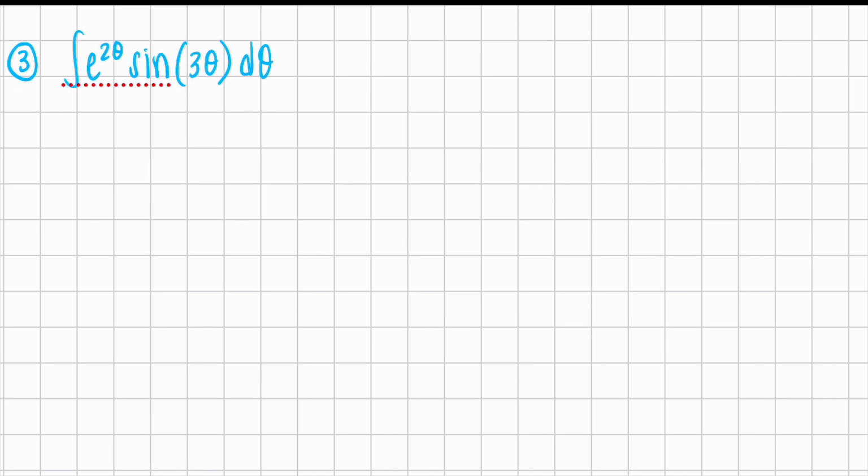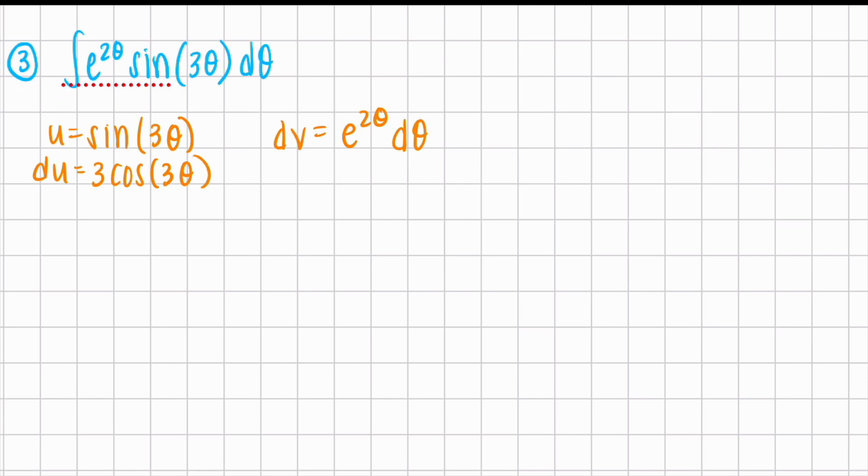For this one, let's make u equal to sine of 3 theta and dv equal to e to the 2 theta d theta. Du, derivative of sine is cosine. And then keep in mind we are going to have to chain rule, so times 3 because that's the derivative of 3 theta.